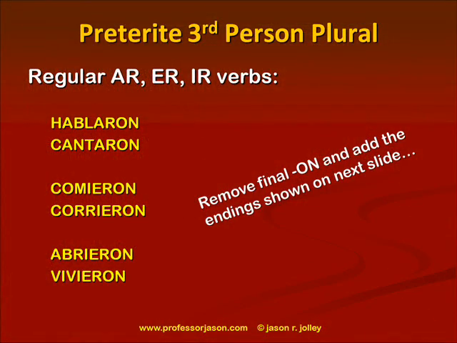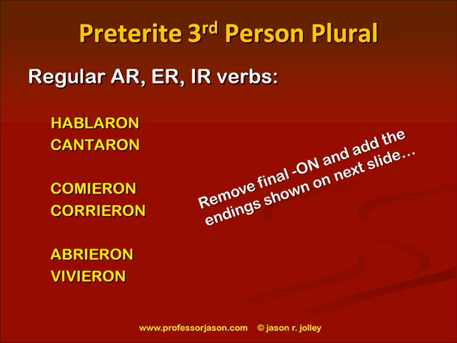Okay, and this is extremely important to remember. Every time that we want to conjugate a verb in the past or imperfect subjunctive, we have to begin with a third person plural form of the preterite indicative, right? They did something. Now, let's show some examples here on this slide that you can see with regular AR, ER, and IR verbs.